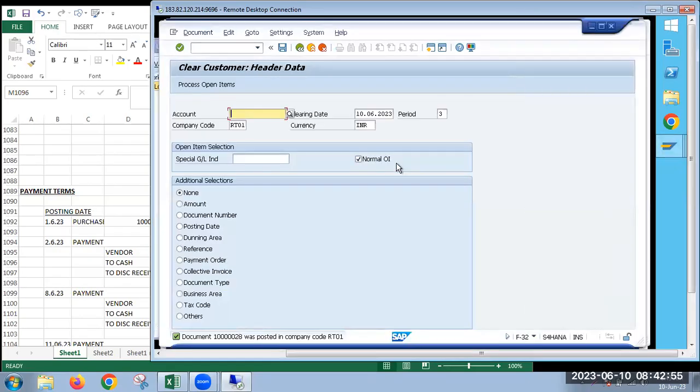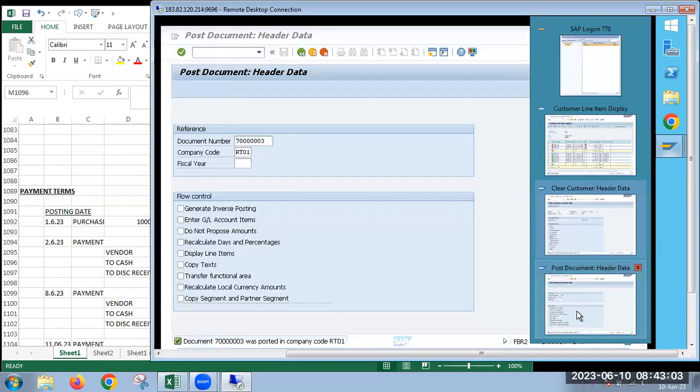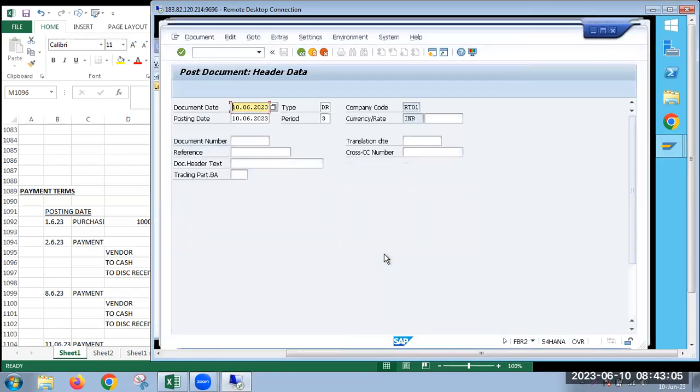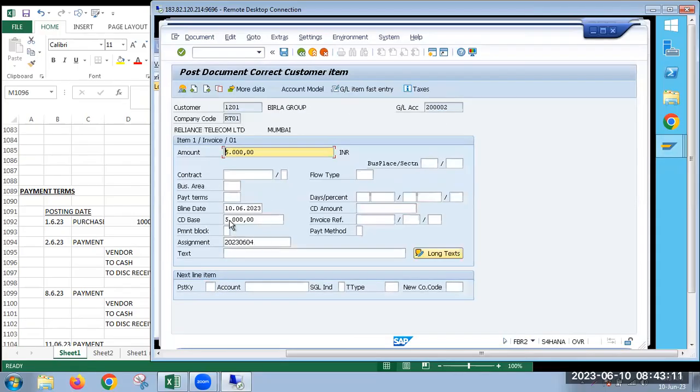We'll go for one more transaction. Here we will specify the due date as tomorrow. Manually, we have made tomorrow the baseline date.